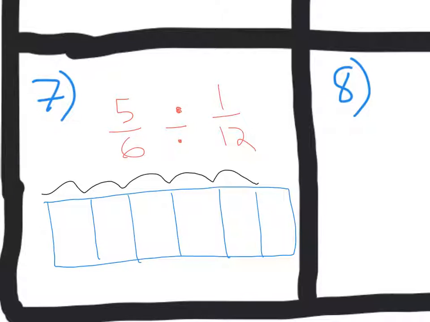And basically what it's asking us is how many 1/12ths are there in 5/6. So let me go ahead and break this up. Break up the original blue bar into 12ths.